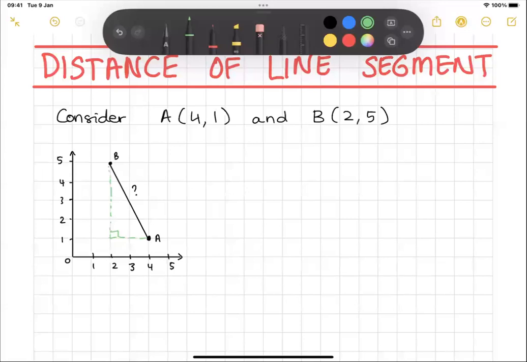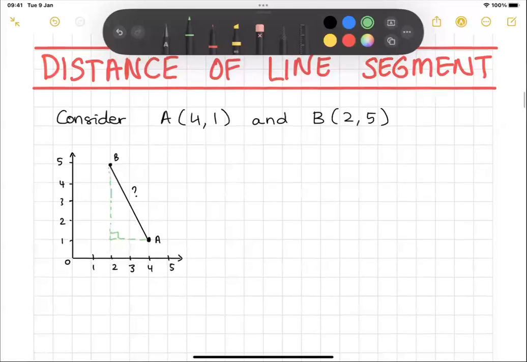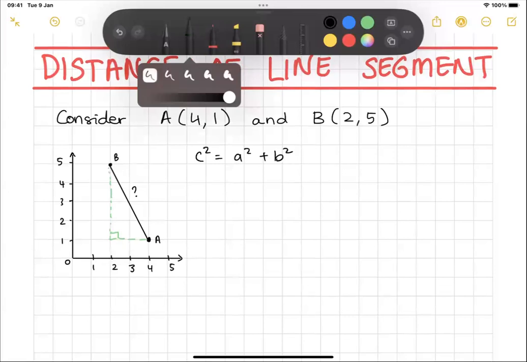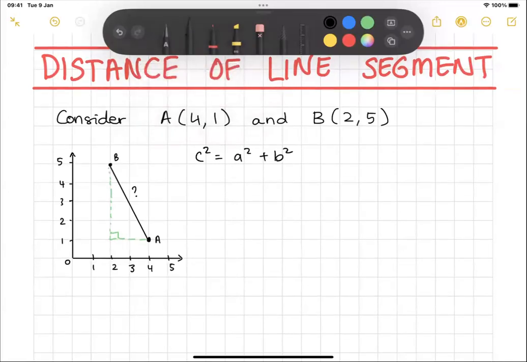What do we know about a right angle triangle? How do I solve for the length of one side? We'll have to use Pythagoras' theorem. Pythagoras' theorem is c squared equals a squared plus b squared. We know that.